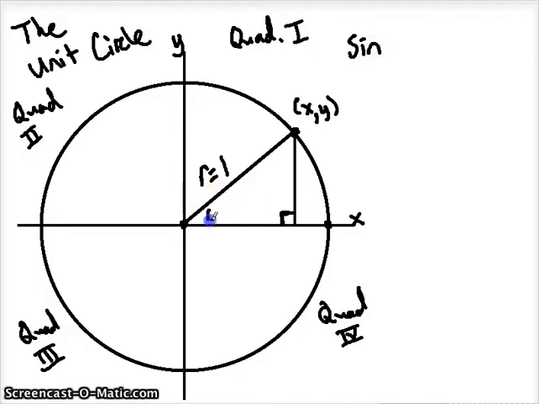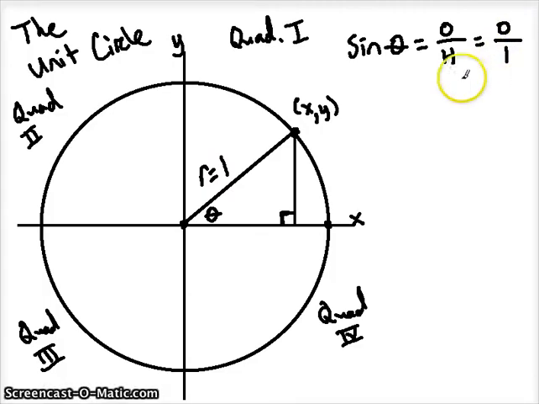So if I wanted to find the sine of an angle, let's say that we're looking at this angle inside the triangle right here. Hopefully you remember from your right triangle trigonometry that that is equal to opposite over hypotenuse. Well, the hypotenuse is a value of 1. So it's just the opposite side divided by 1, and anything divided by 1 is just itself. So the sine of that angle is just the value of the opposite side.